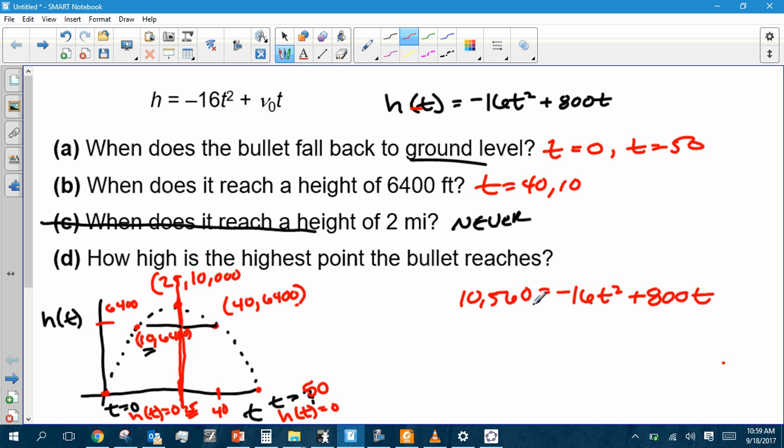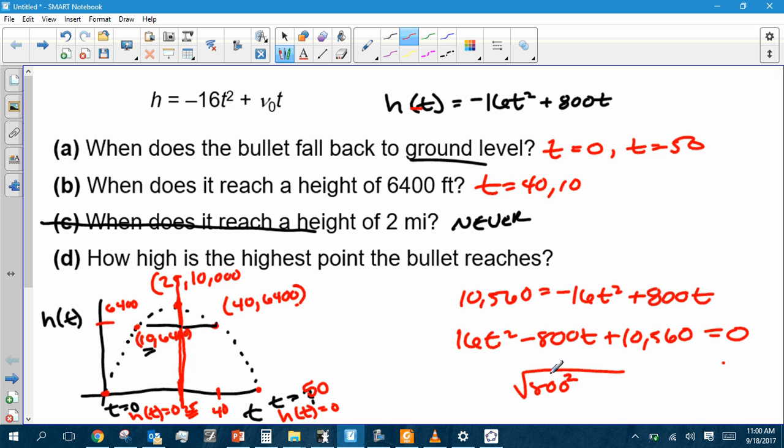If you were to solve that, move these over, so you get 16t squared minus 800t plus 10,560 is equal to 0. If you solve this for t using your quadratic formula, think about what's underneath: the discriminant. It's b squared, so 800 squared. I don't care if it's negative, because I'm going to square it.